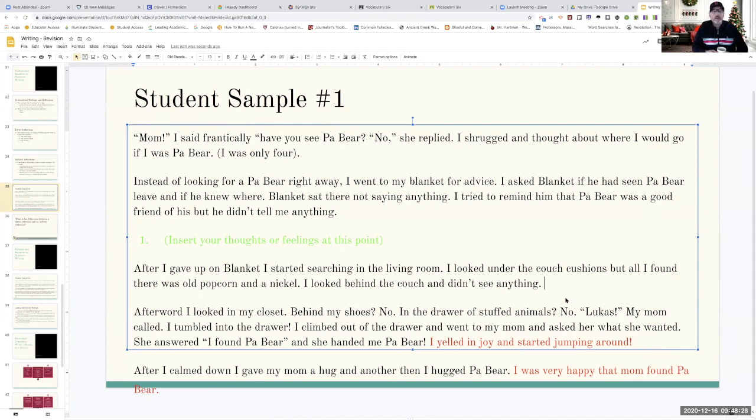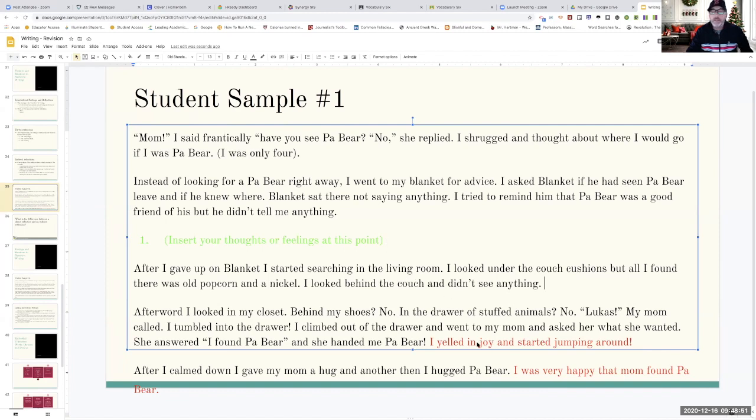So there's basically 3 parts to this assignment. You need to add your thoughts and feelings at the end of the second paragraph, or if you want to create another paragraph, that's fine, but Pa Bear's not there and Blanket's not responding. So just write a couple of sentences explaining how you would feel if that were you.